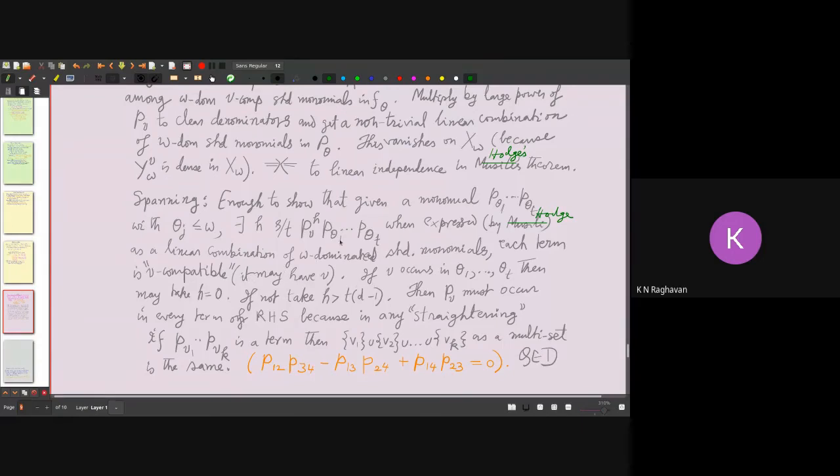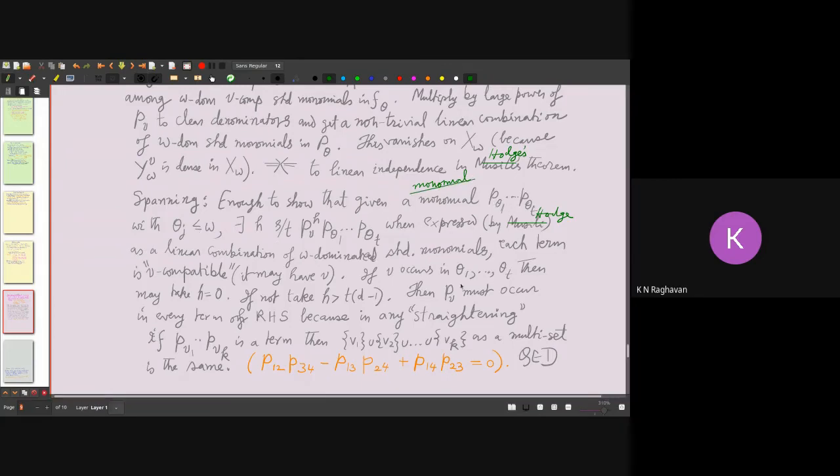Okay. Now, this is also quite easy. So if V occurs in the original P theta 1 through theta t, then I have nothing to do because, okay, I can even take this to be a standard monomial, right? Because I already know that standard monomials span.